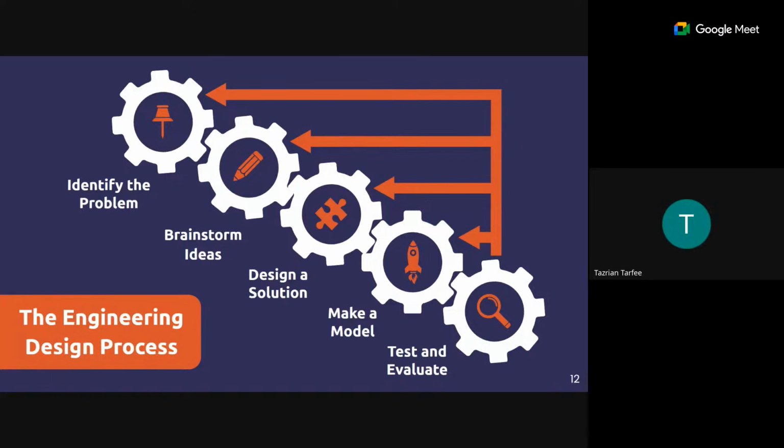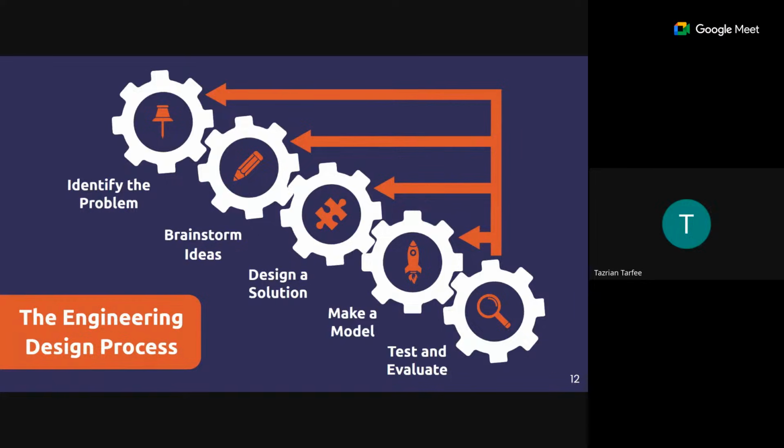In the third step, when you're designing a solution, this entails a more detailed version of your idea. This can include the dimensions, the materials, the features, and every little detail that you might need to continue onto the fourth step, which is making a model.